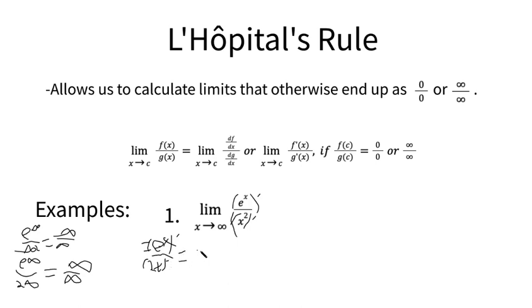E to the x prime is just e to the x, and 2x prime is just 2, because the x goes away since it's to the first power.